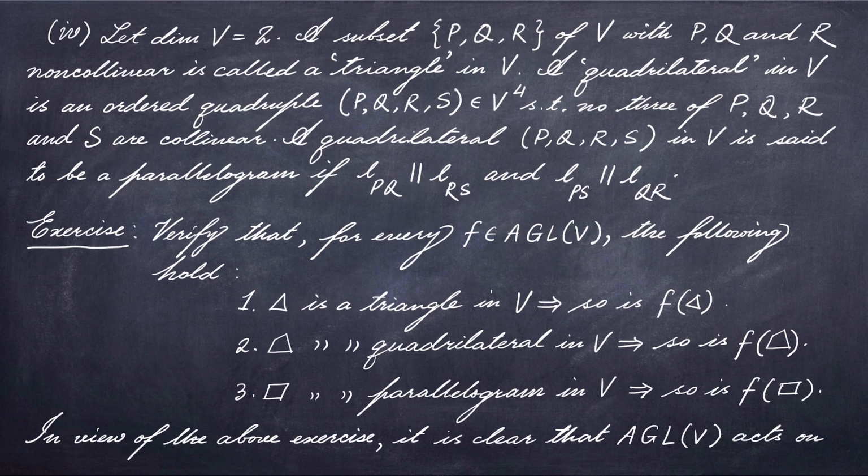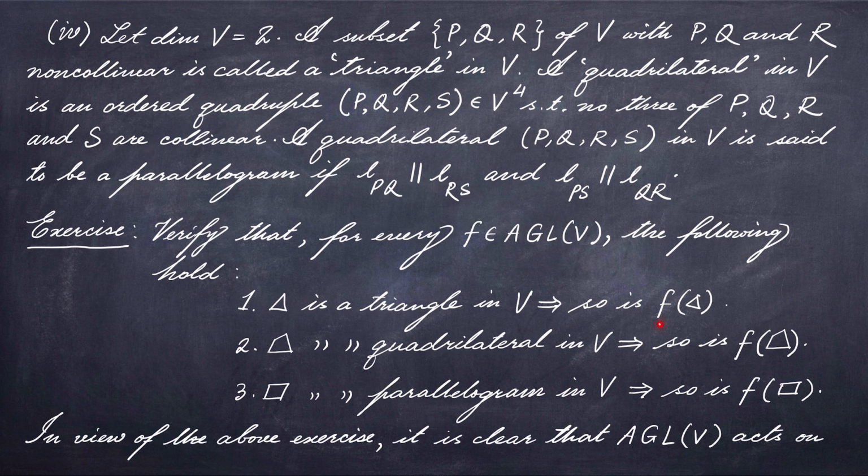Now on these collections, we are going to see the following natural actions of the AGL(V), that is, the affine general linear group on V. So first observe that if you have a triangle, then the image of a triangle under an invertible affine transformation is again going to be a triangle.